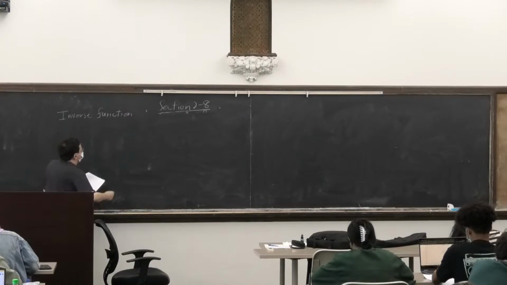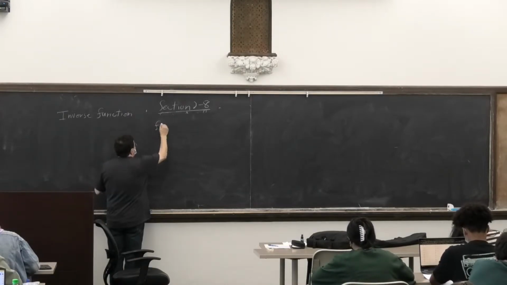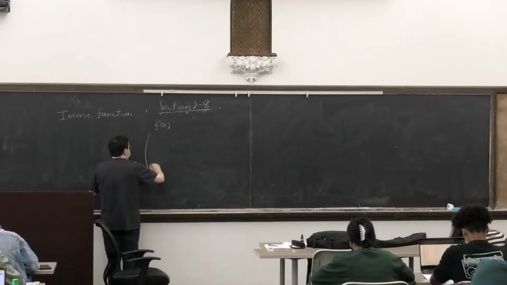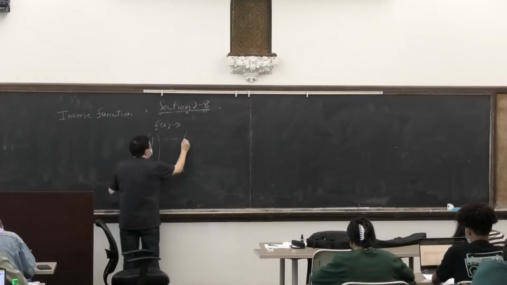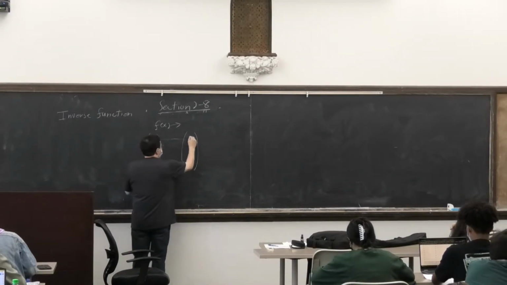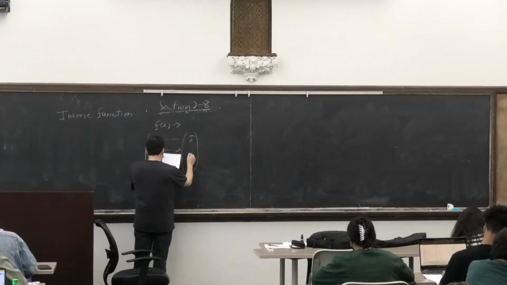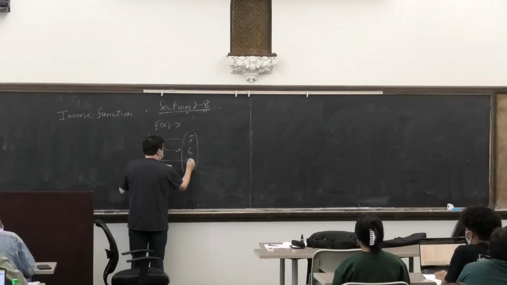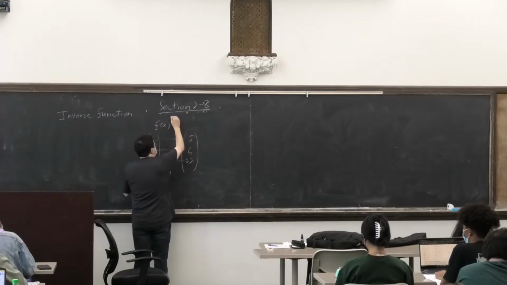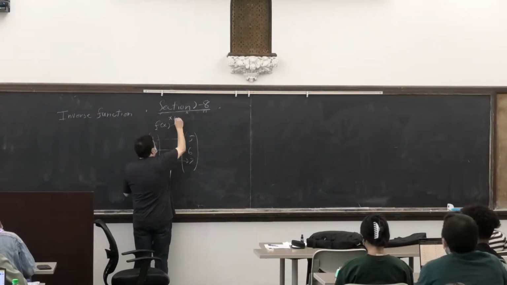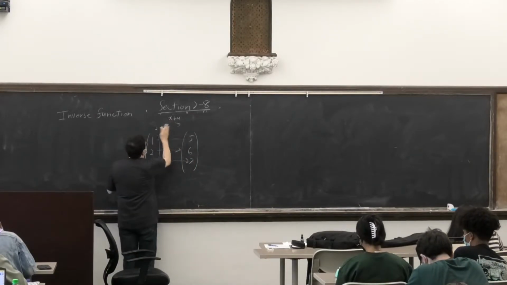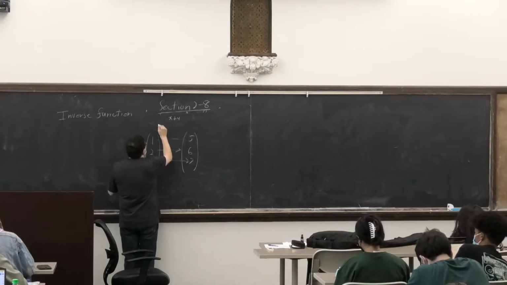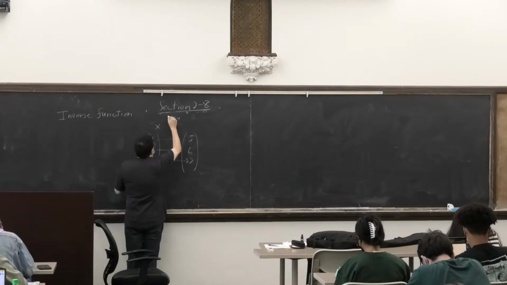So let's start with some function f of x, and it's going to take numbers to some range. I guess we could call this x plus 4. So this is f of x.